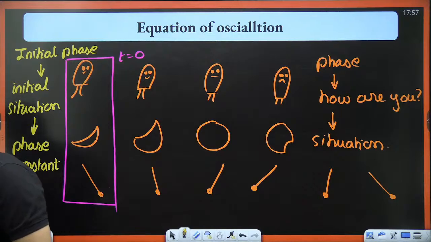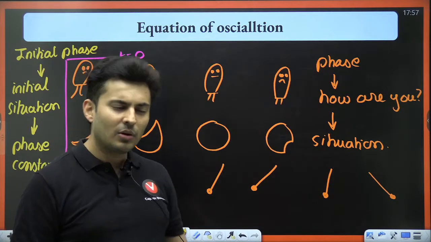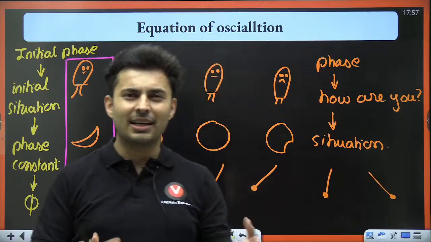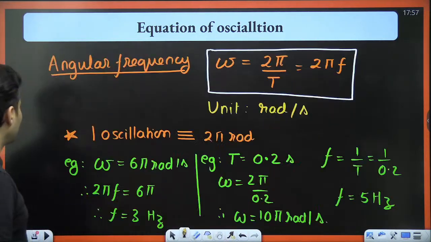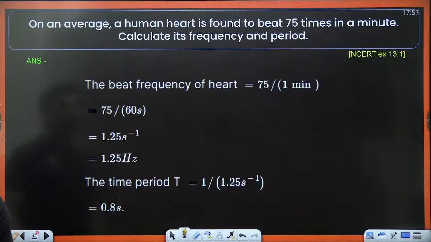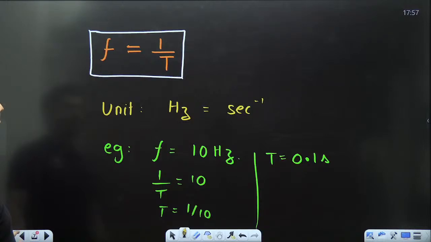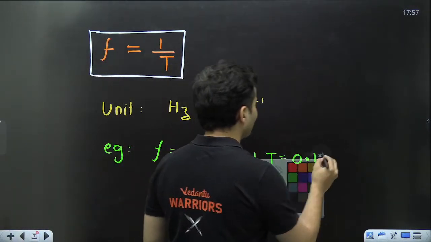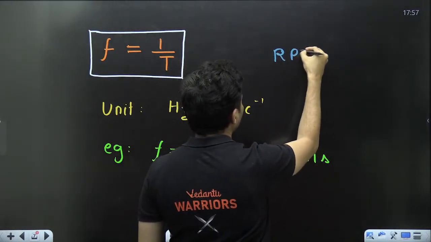So frequency has one more unit, right? Cycles per something, that is RPM. We have seen, or we will see, in circular motion, rounds per minute, rounds per second. So it's the same thing. RPS is one and the same thing, right? You can also have another unit besides hertz, you can call it rounds per second, RPS.